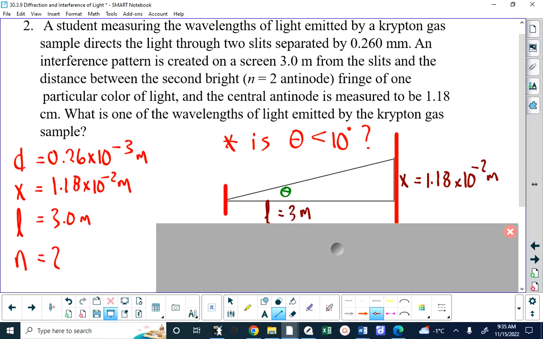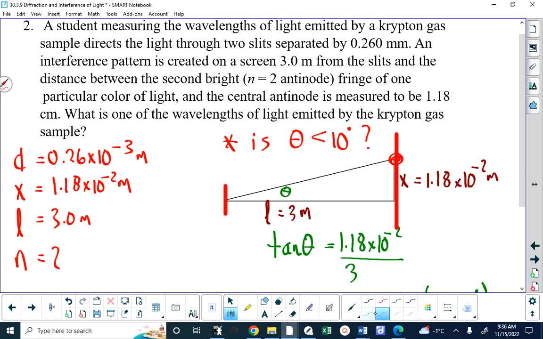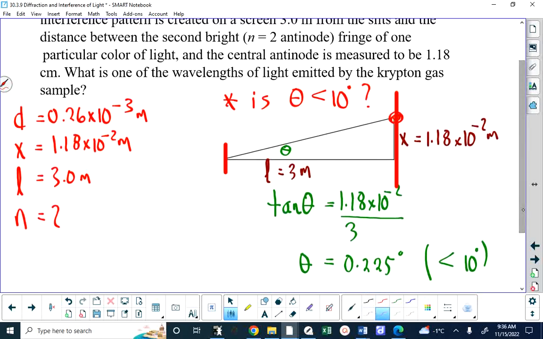The bright spot is here. That's the n equals 2. So you simply do a trigonometry problem. And can you confirm that when you find that angle, it's 0.225 degrees?